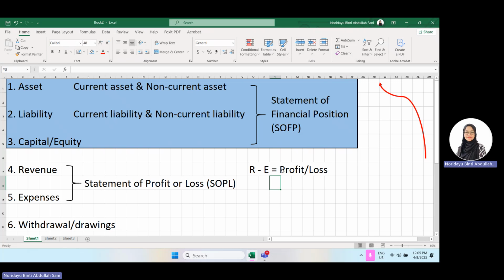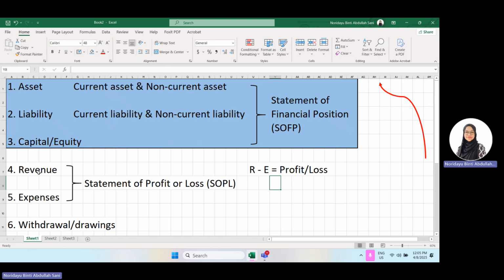The other way around, if my expenses are higher than my revenue, expenses more than revenue, I will have a loss. Okay, so total expenses higher than total revenue, I'm going to have net loss. All right.